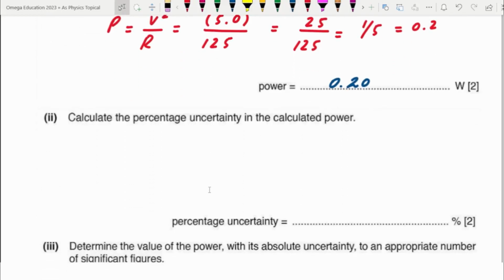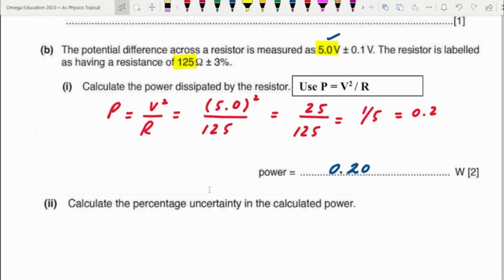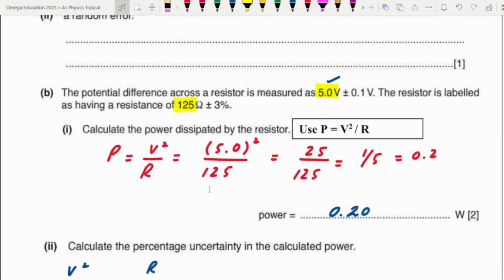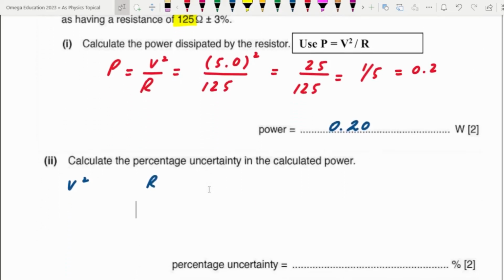Then they ask you to calculate the percentage uncertainty in the calculated power. So the formula is P equals V squared over R. We need to find the uncertainty in V squared, and we need to find the percentage uncertainty in R. The percentage uncertainty in resistance is given already, 3%.